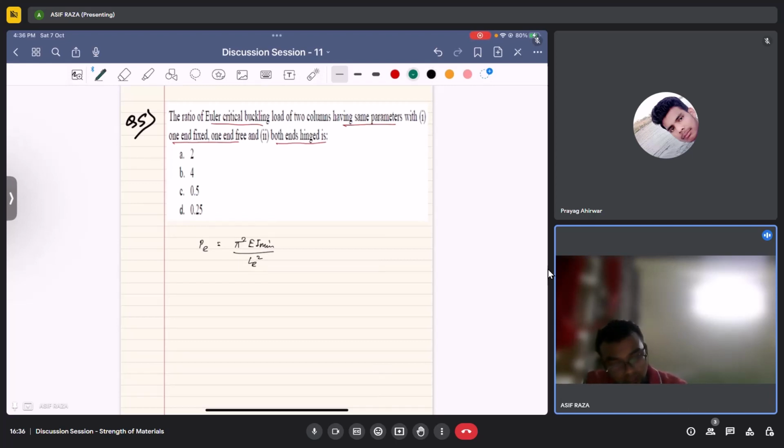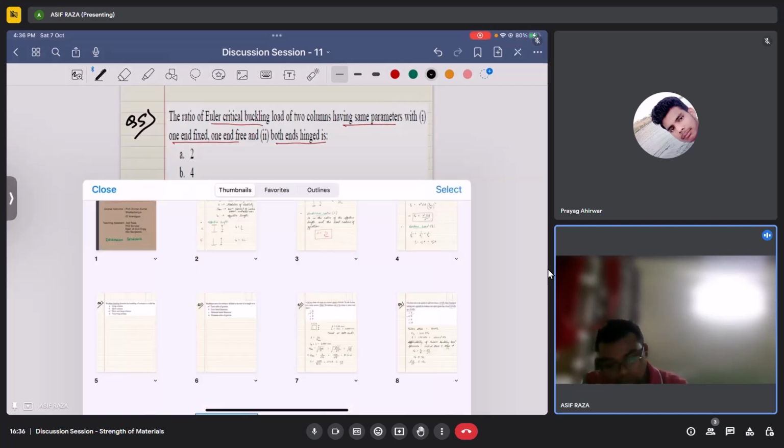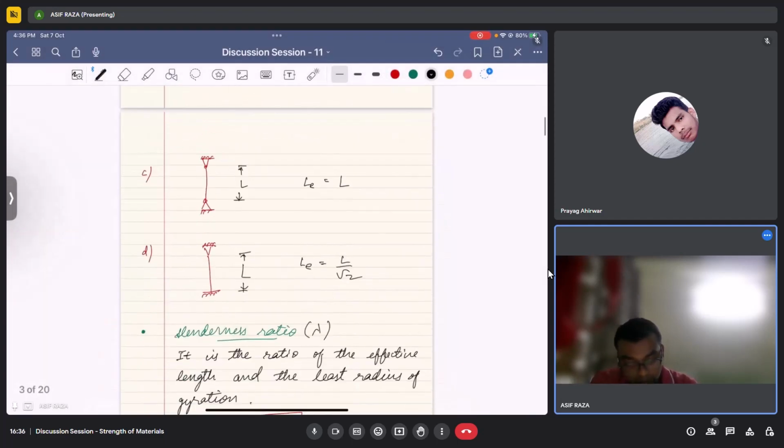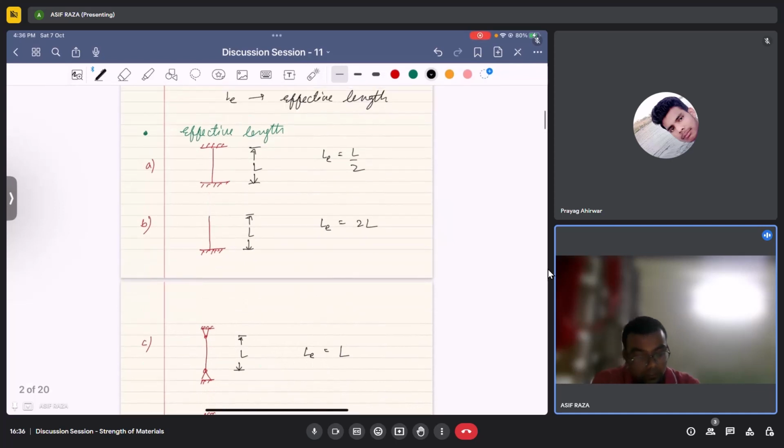So if I take the case P E for the first condition where one end is fixed, one end free. So if you see what I told earlier, one end fixed and one end free, option B. So effective length is equal to 2L, right?